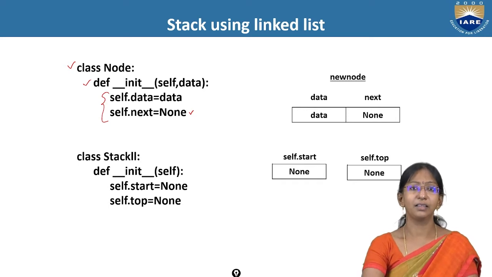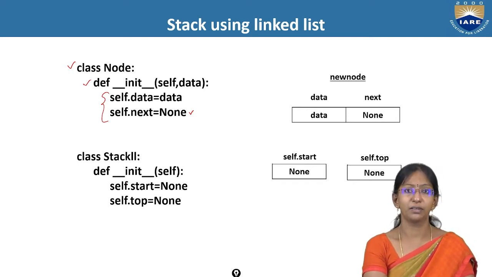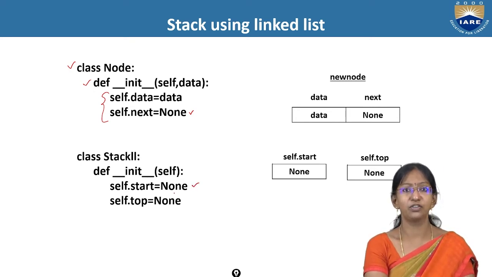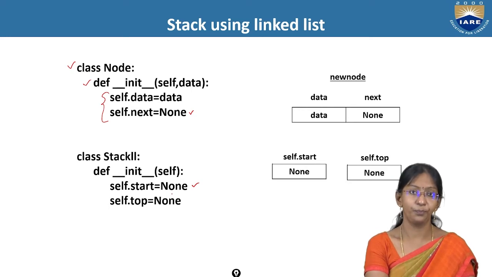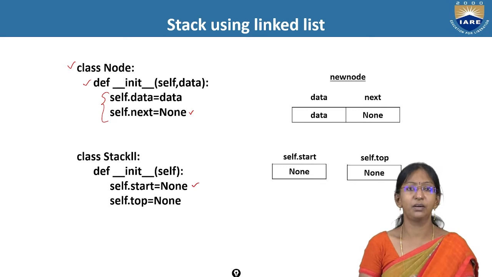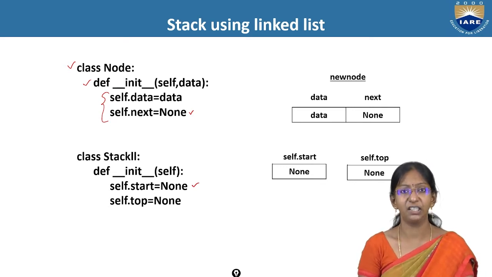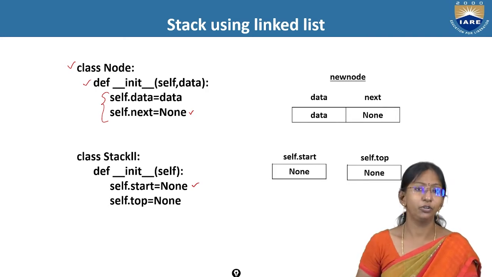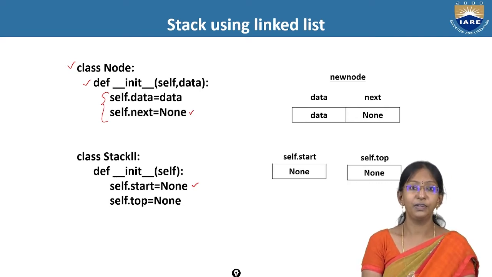In the Stack class, the basic constructor will have two parts. First part is start. It is a pointer variable actually, which holds the address of the first node. So we all know that while working with linked list, the basic disadvantage is that whatever the length of that linked list may be, at any point of time we have only the first node's address in our hands.